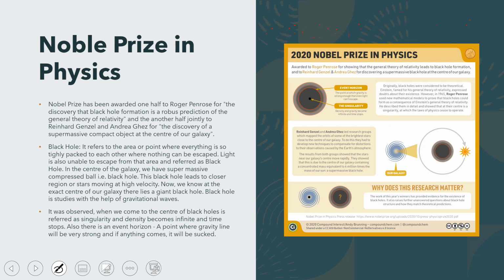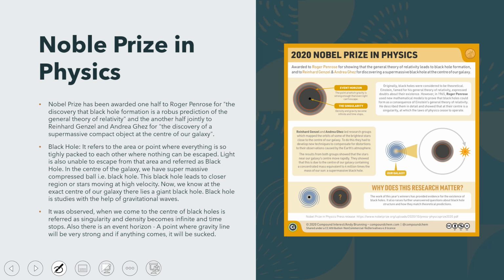So moving ahead, now the Nobel Prize in Physics. The Nobel Prize in Physics is given in two halves, one half for one thing and one half for another. We will see in this slide.